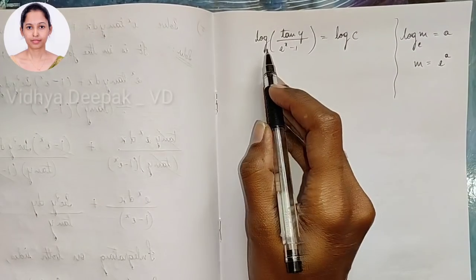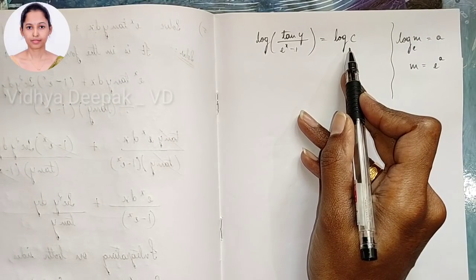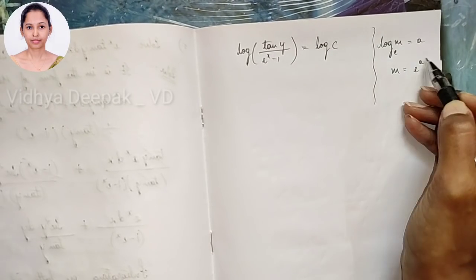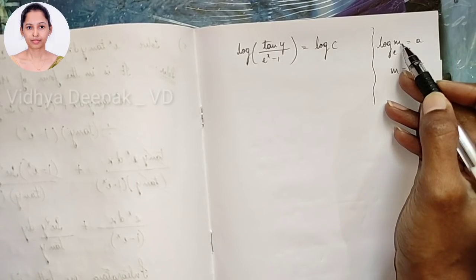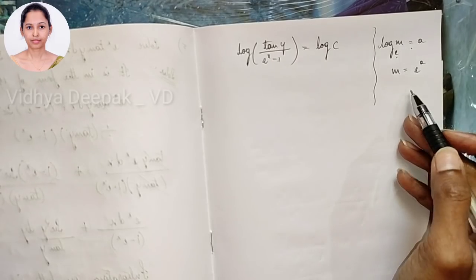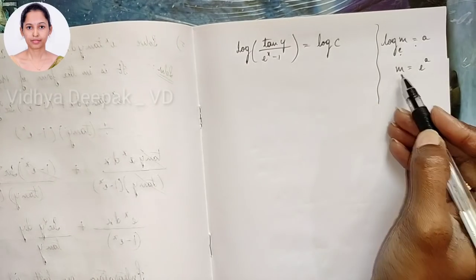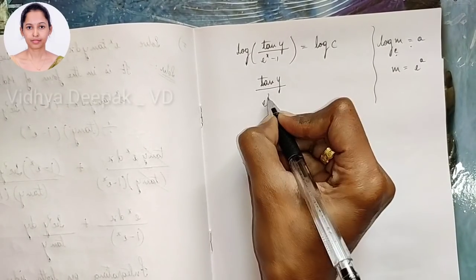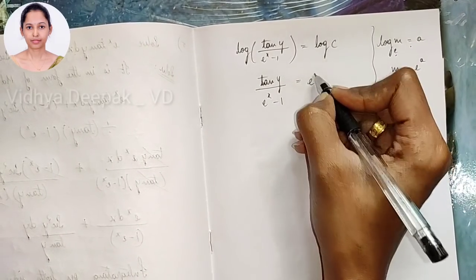So here we have log of tan y by e power x minus 1 is equal to log c, right? By the logarithm definition, log m base e is equal to a can be written as e to the power of a is equal to m. So I am writing this in this form. In the place of m we have tan y divided by e power x minus 1, base e, so it is e to the power of log of c.